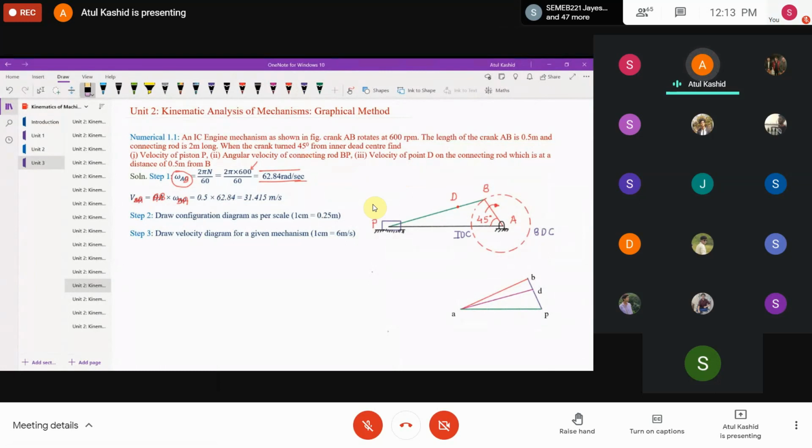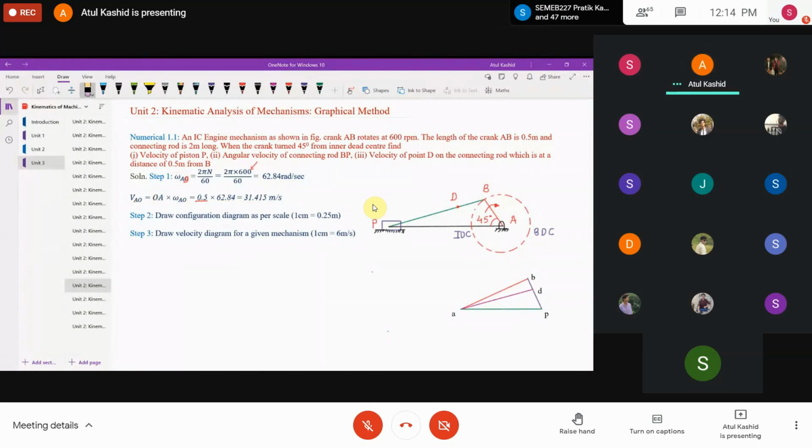Using this formula, you can calculate the velocity of B with respect to A, and it will be 0.5, which is the length of the crank AB, into omega, which is 62.84, and it is 31.415 meter per second.